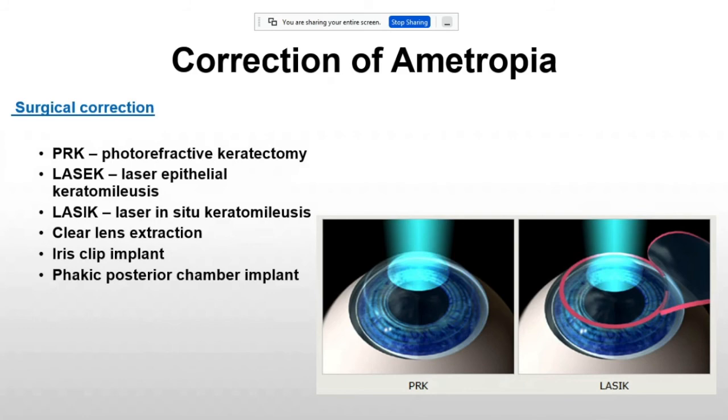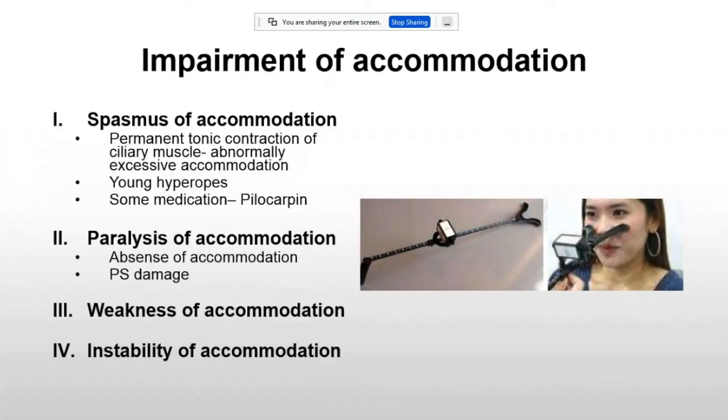Otherwise, if you're 40 and decide to do surgery, then presbyopia will bring you back to glasses. Nowadays, lots of corrections, also presbyopic contact lenses like multifocal, to avoid glasses, are available. So there are lots of types of correction of refractive error, but the most classical are glasses and contact lenses.